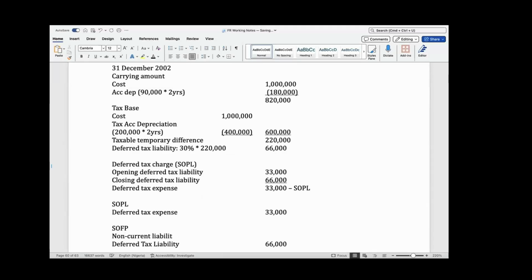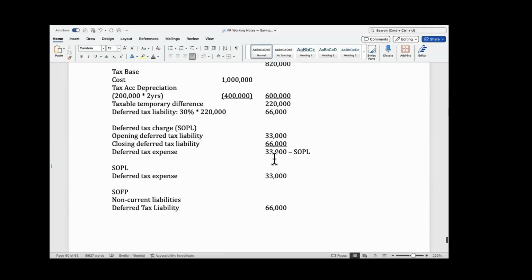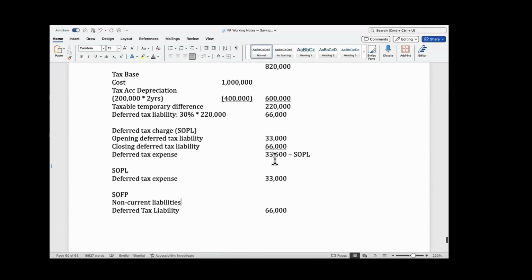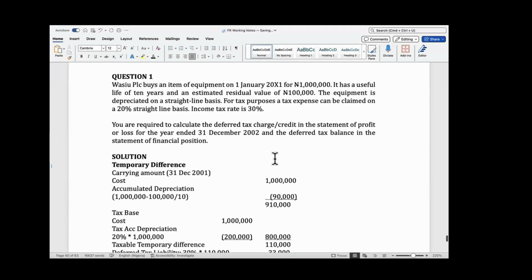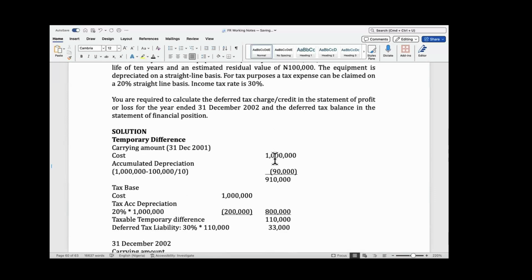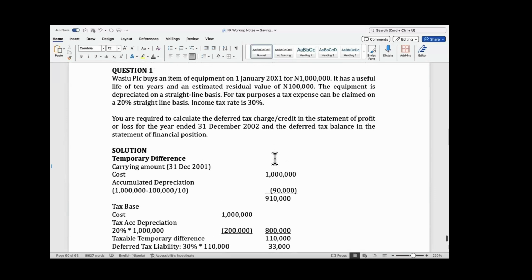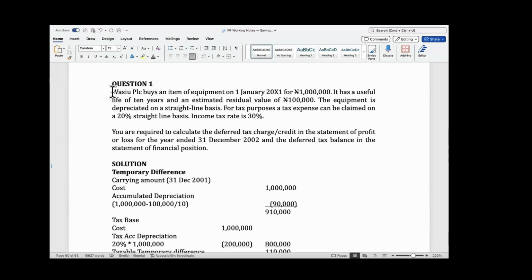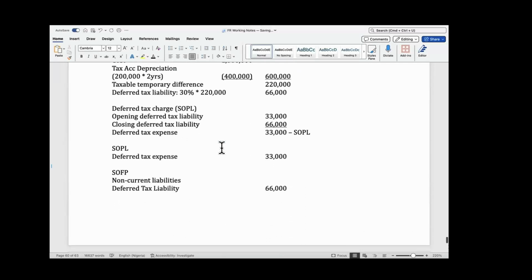And that's how this question would go. So this is not different from what I've done so far. We just really need to get the opening so that we can get what goes to P&L. That's just the additional thing here.